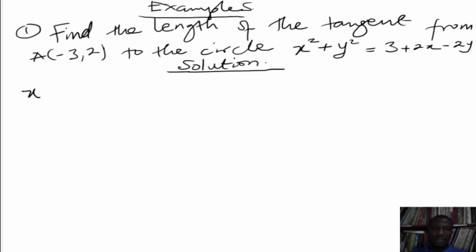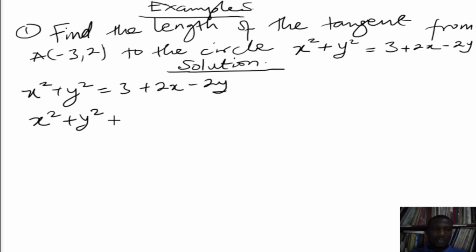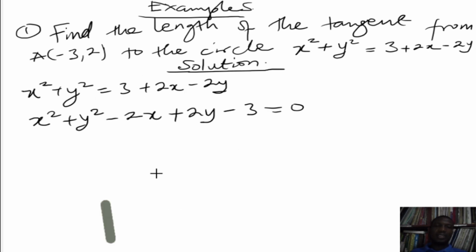So x squared plus y squared equal to 3 plus 2x minus 2y will give us x squared plus y squared minus 2x plus 2y minus 3 equal to 0. I just moved each of these from the right hand side to the left hand side.